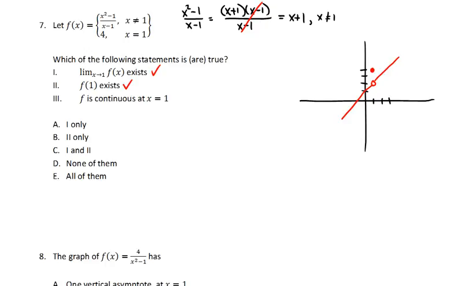Or stated another way, the value of the function does not equal the limit at x equals 1. So even though the limit exists and the function is defined, the limit and the function value are not the same, and so only 1 and 2, but not the third option, are correct.